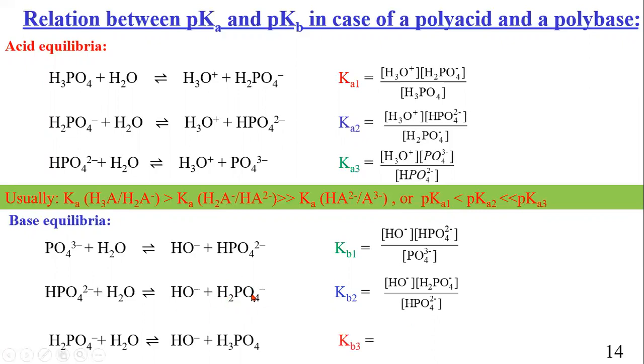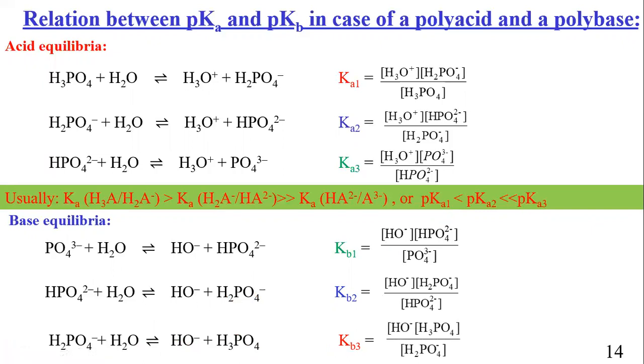Of course, the H2PO4 minus also has a negative charge, and yes, it possibly can pick up another proton. OH minus is released again, and H3PO4 forms, and it stops here because there are no more negative charges or electrons to pick up another proton. So it stops at Kb3 in the basic form.